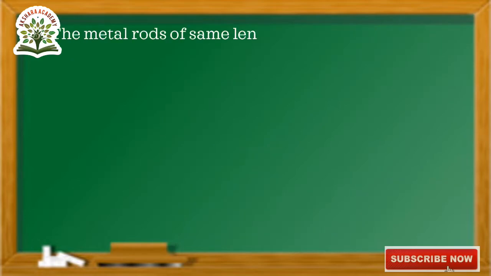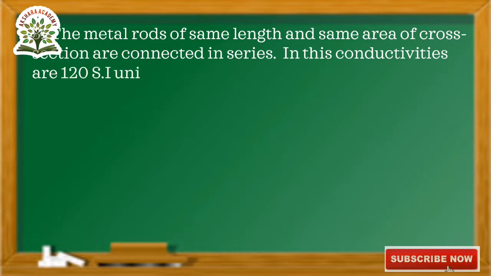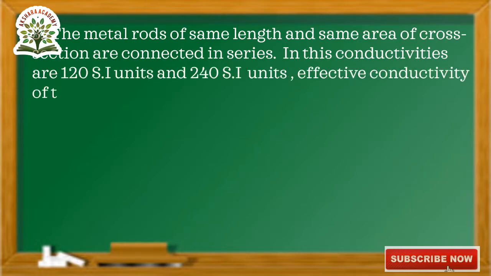The metal rods of same length and same area of cross section are connected in series. Their conductivities are 120 SI units and 240 SI units. The effective conductivity of the combination is dash.